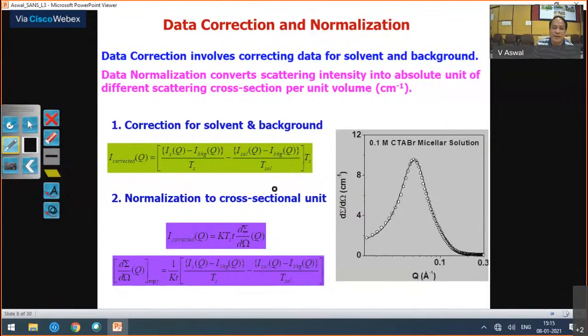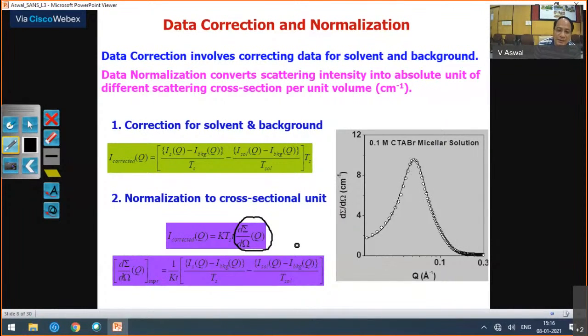Another important thing is that the scattering intensity you correct should be normalized to the property of the sample. What is the property of the sample? The property of the sample is this term, which is the differential scattering cross section per unit volume. This is the property of a sample, so that whenever and wherever you measure, it should be the same.